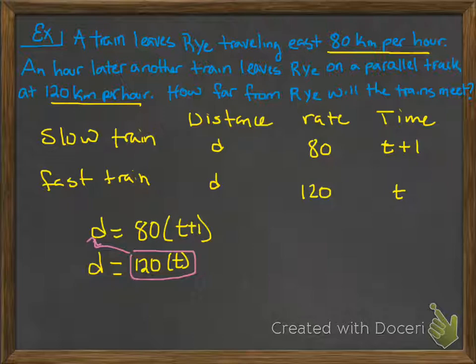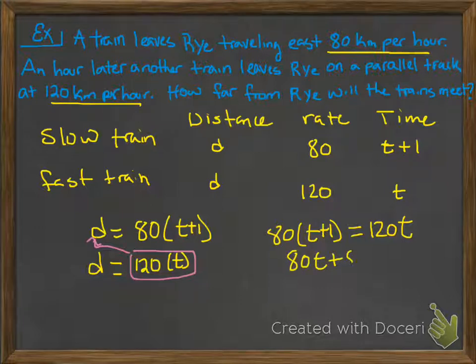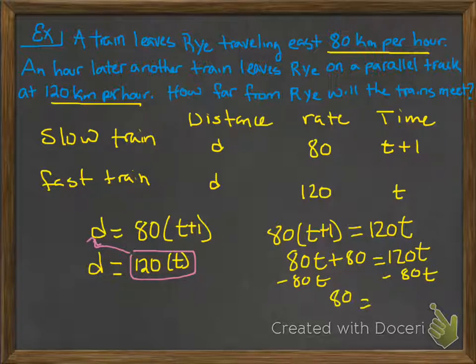So to do that, I have 80(t + 1) = 120t. 80t + 80 = 120t. Subtract 80t from both sides. I get 80 = 40t. Divide by 40, and 2 = t.